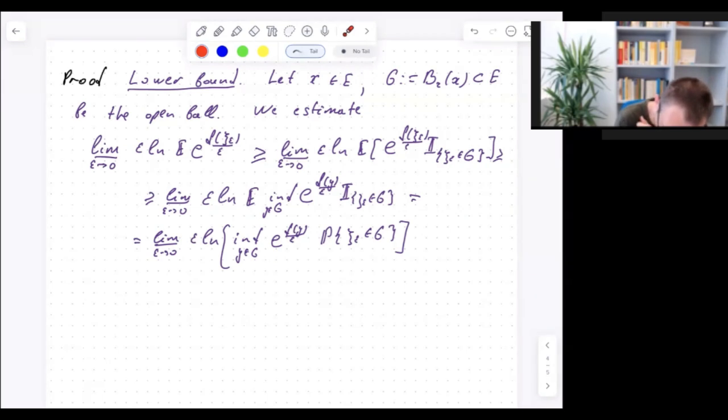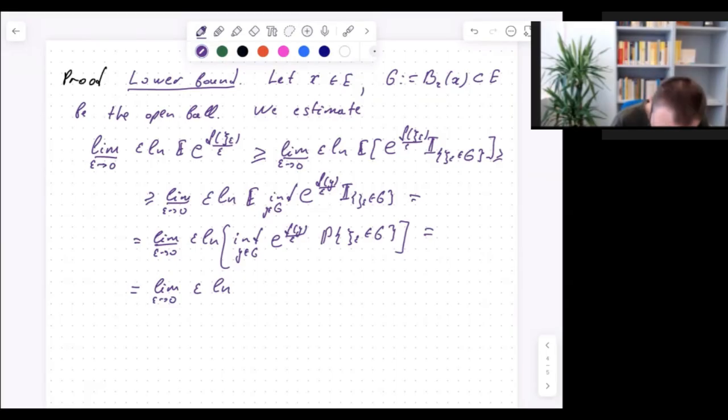Therefore, we can write that logarithm as the sum of logarithms. We will do that, and then use the lower bound for large deviations. It is epsilon logarithm.